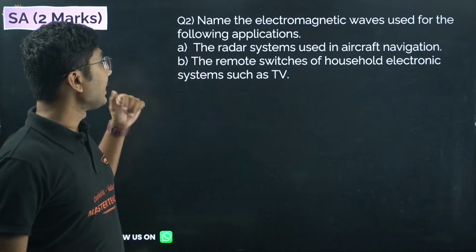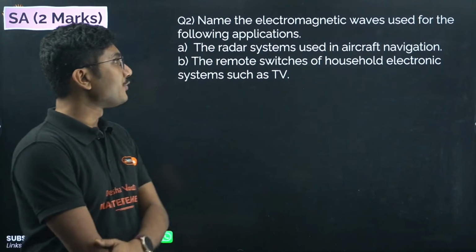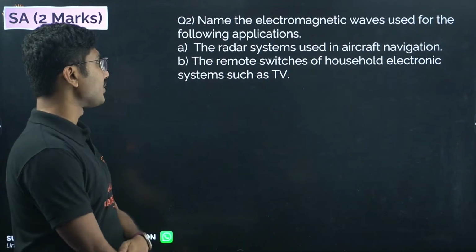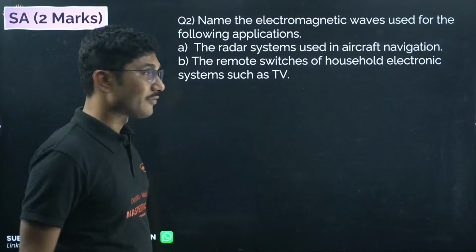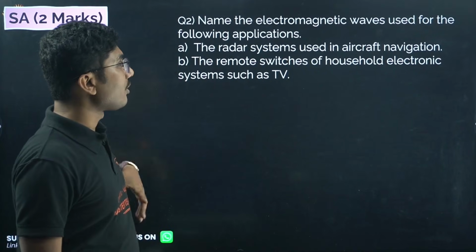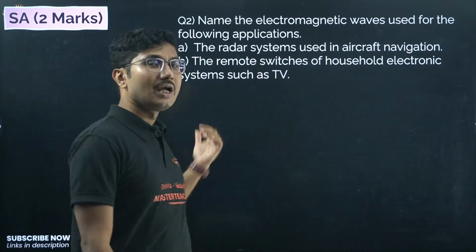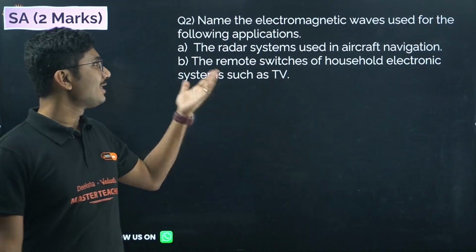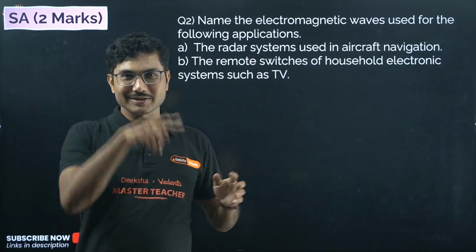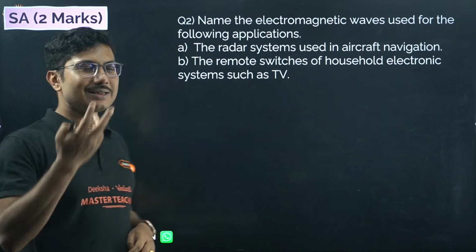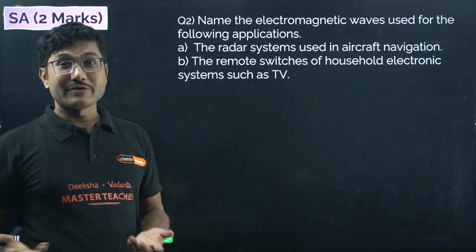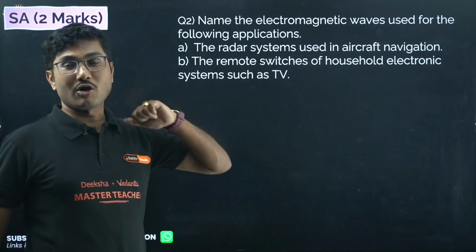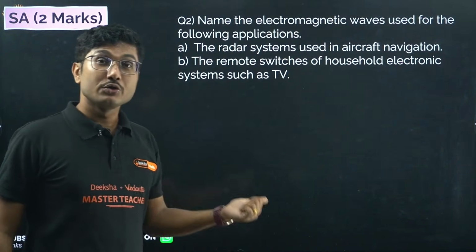Next, name the electromagnetic waves used for following applications: the radar system used in aircraft navigation, and the remote switches of household electric systems such as TV. So you have seen in movies, radar system is working like something is rotating like that. It is not only used in radar of aircraft, it is also used in sonar.